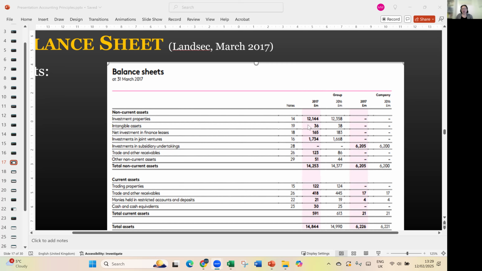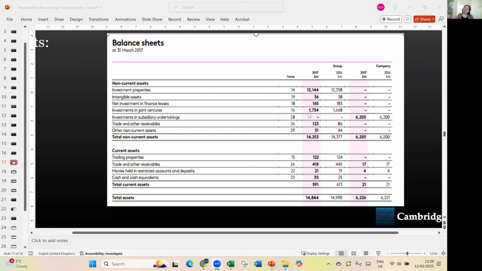There's also another theory that there is a natural discount to NAV.